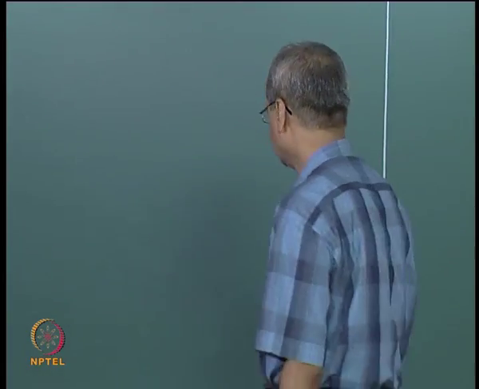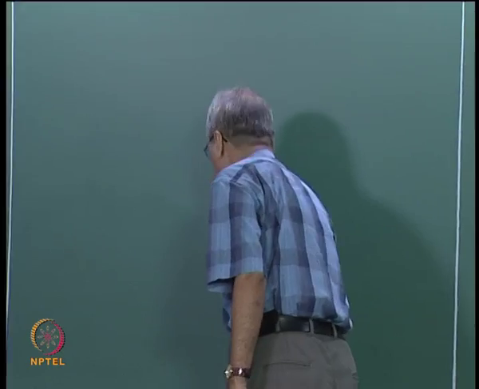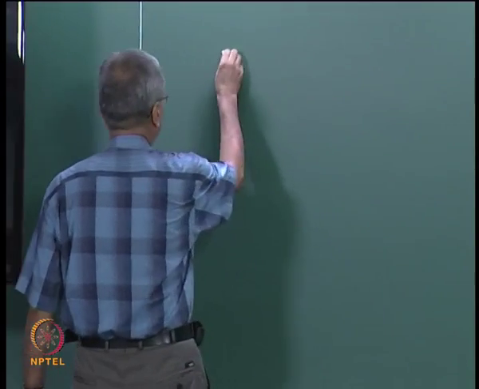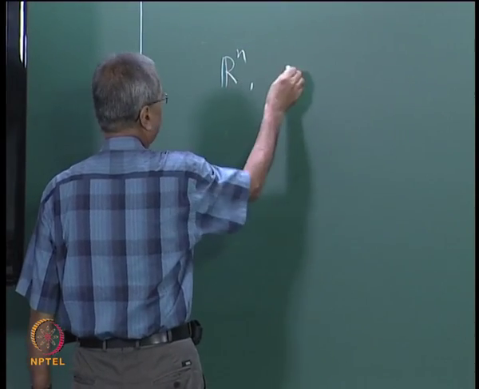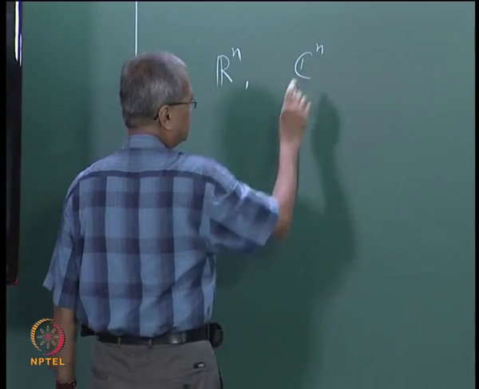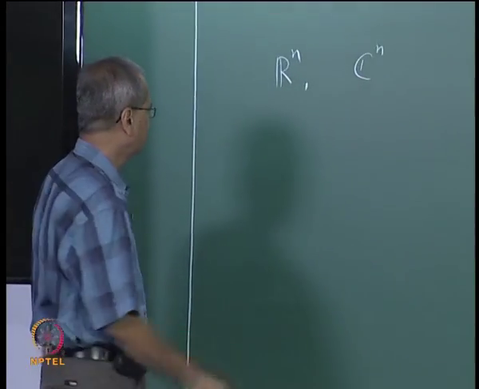We had defined this norm, that is norm suffix p, yesterday on these spaces, that is Rn and Cn. Let us again just recall.